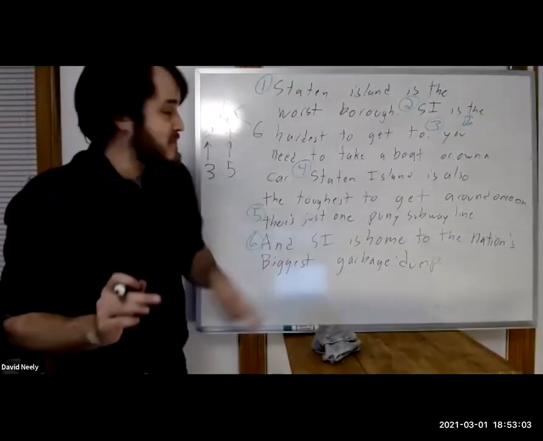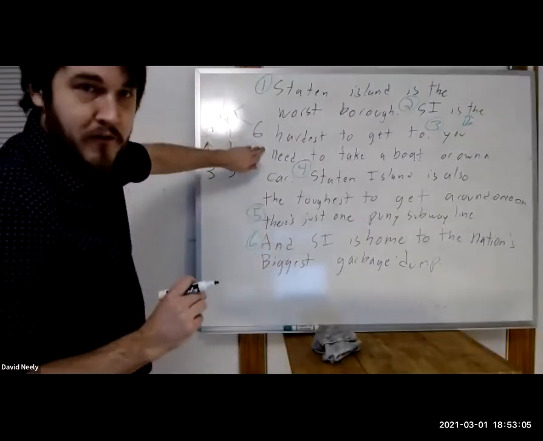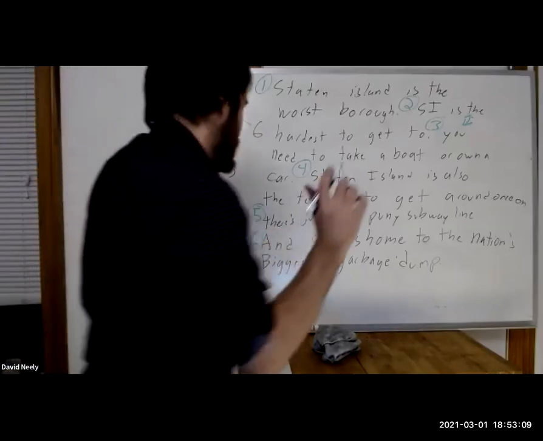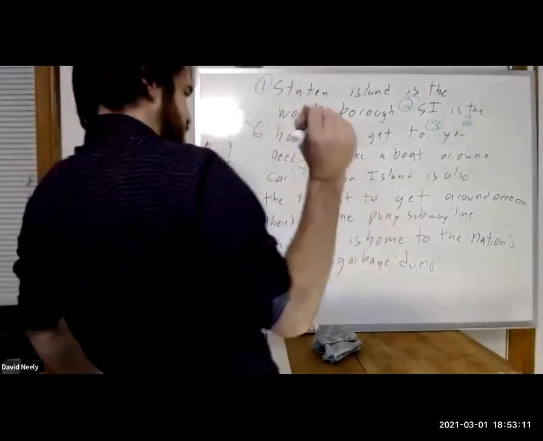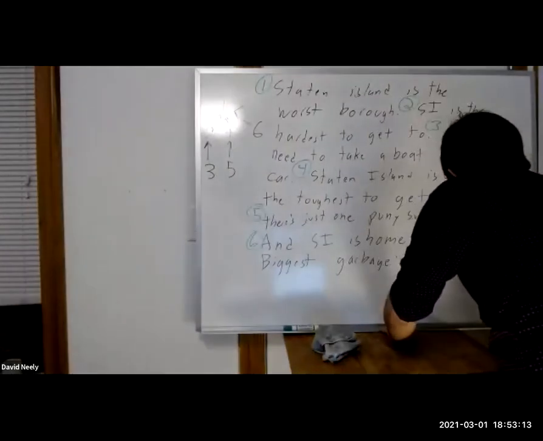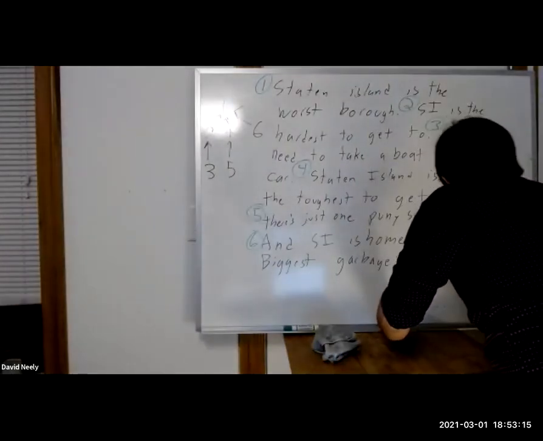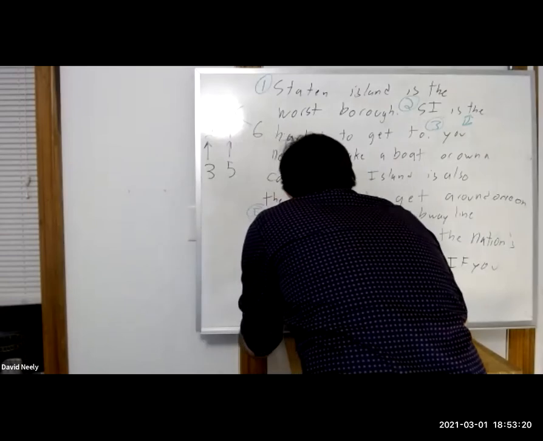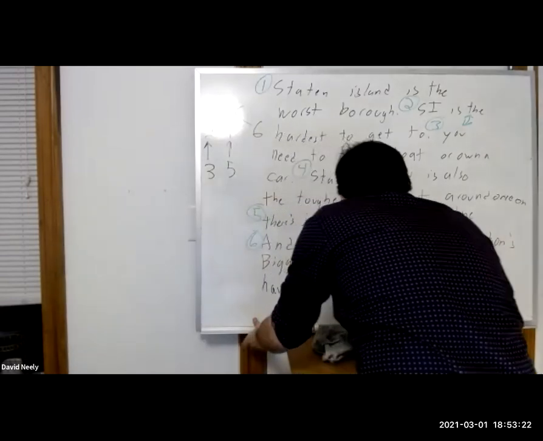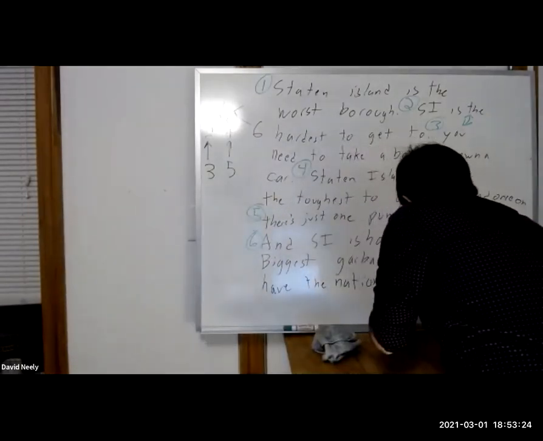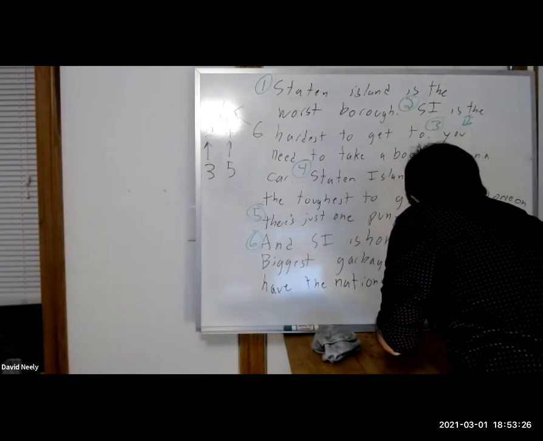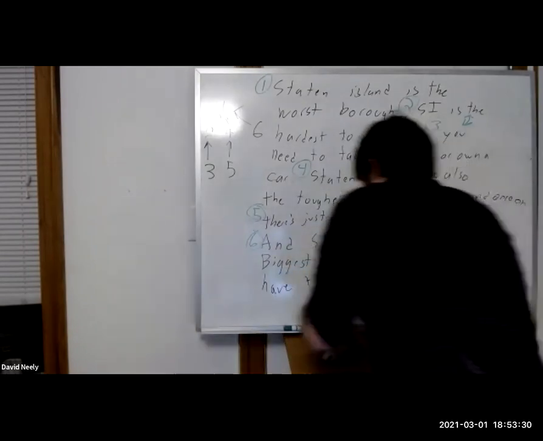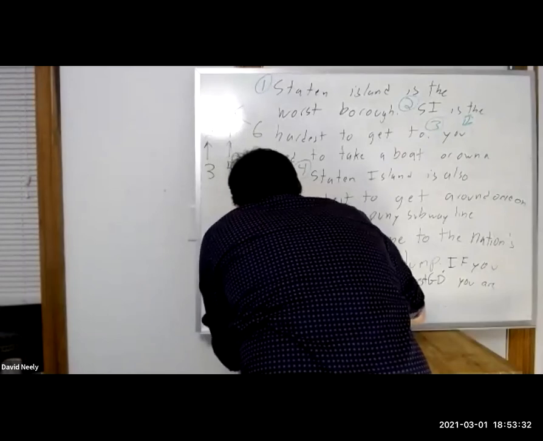We could even imagine that this was itself something that we could say is a linked premise, so we could say Staten Island is home to the nation's biggest garbage dump, and if you have the nation's biggest garbage dump, you are the worst.